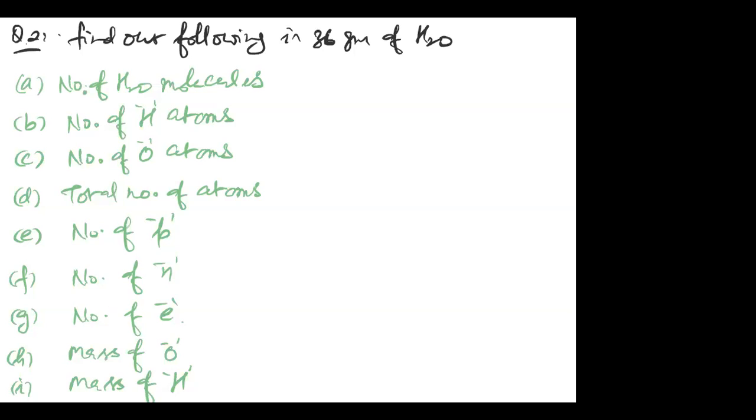So, gram molecular mass. If you see the basic calculations, the gram molecular mass of water comes out to be 18 gram, out of which, as per H2O, it consists of 1 H1 and oxygen 16.